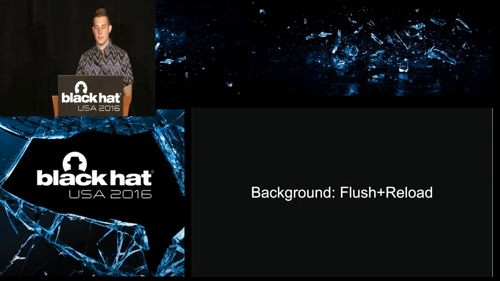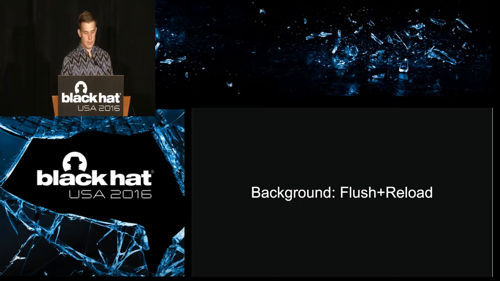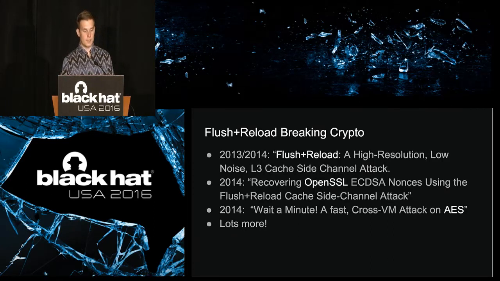Now, before I tell you how my attack works, let's cover some background on the cache side channel that it uses. The side channel I'm using is called Flush Plus Reload. Flush Plus Reload was published in late 2013, early 2014, and it's proven to be incredibly good at breaking cryptography.